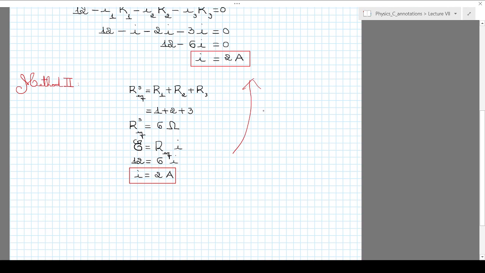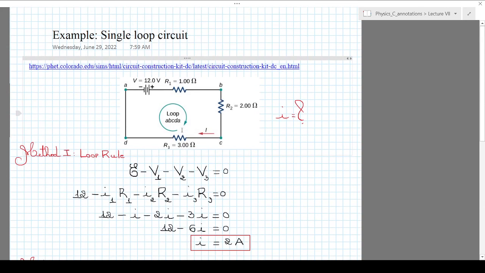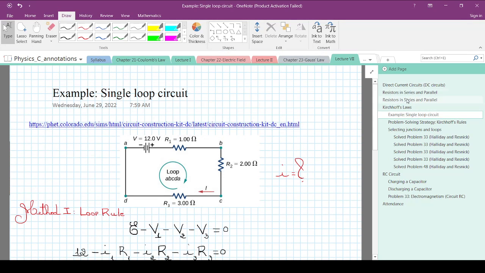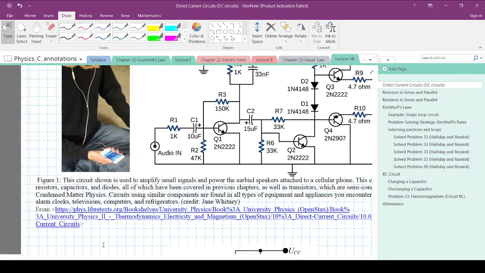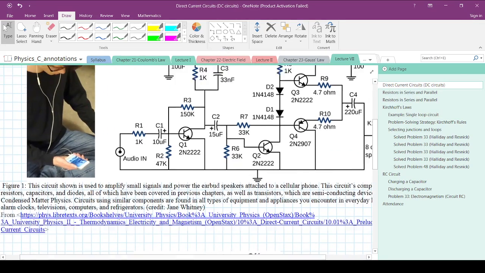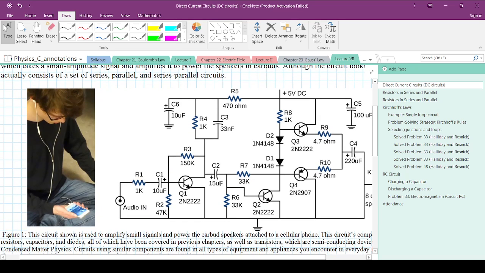As I cannot stress this enough, we have these different techniques now to solve circuits, because not every single circuit is going to be as simple as this one that you can see now. Remember, if you go back a couple of slides ago, for example, you can see this circuit here. This circuit is not so easy, and it has many components, right?